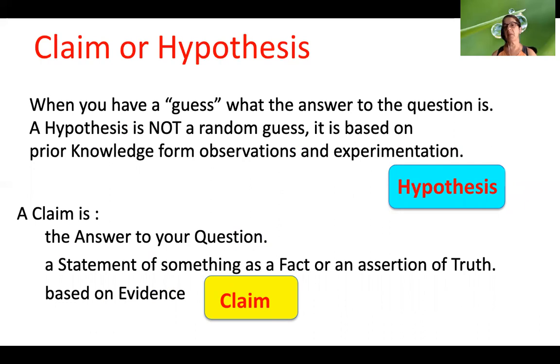We've done some experiments, collected some data, and based on these we formulate a hypothesis that can be further tested. A claim is an answer to your question. It is a statement of something as a fact, an assertion of truth. For that reason, a claim is always based on evidence.